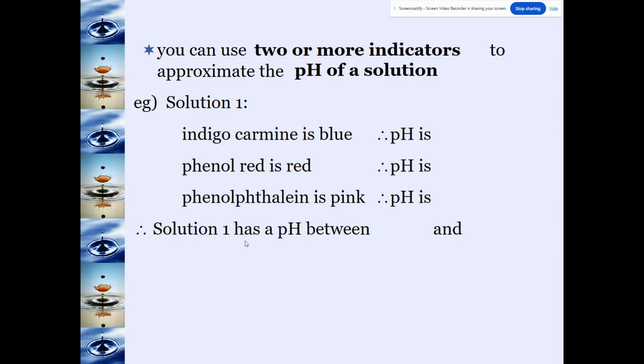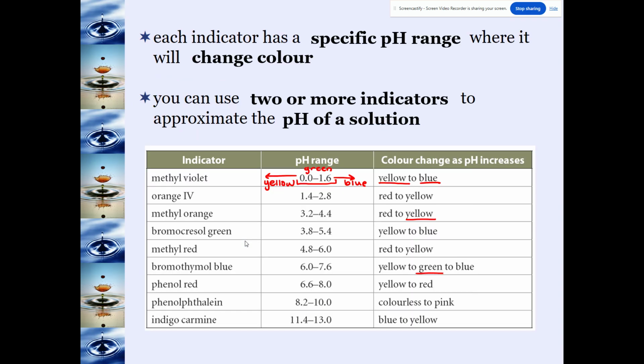So if we go back to the chart, the solution has indigo carmine blue, phenol red red, and phenolphthalein pink. Okay, so we know in order for phenol red to be red, it has to be equal to or greater than 8.0. In order for phenolphthalein to be pink, it also has to be equal to or greater than 10.